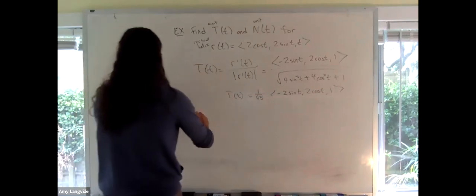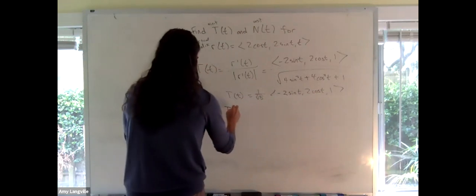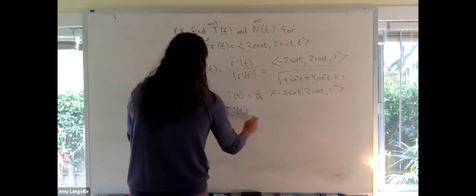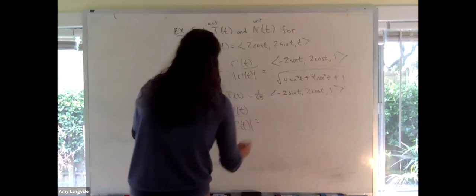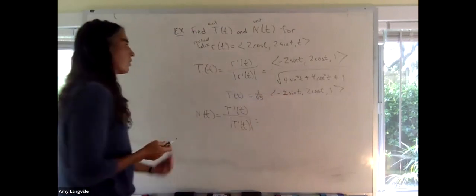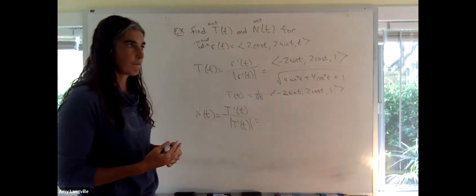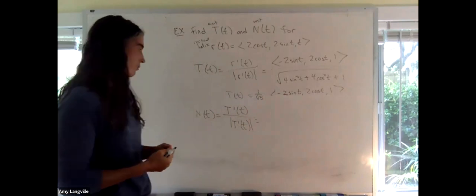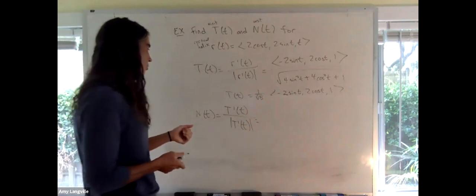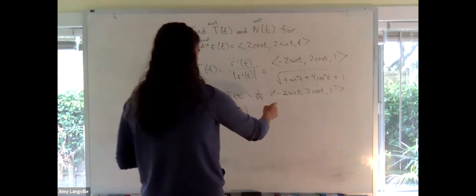Now the normal vector is the derivative of the tangent vector normalized. Again, usually these are pretty nasty problems, but because I chose a helix, the sines and cosines simplify things for us. And so let's see what happens with taking the derivative of the tangent vector and dividing that by its length.